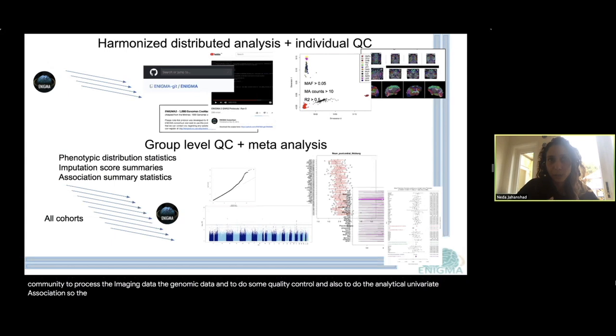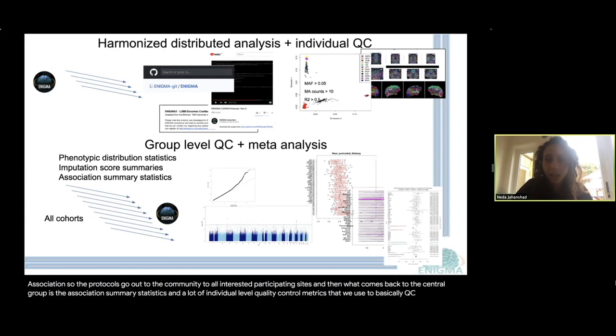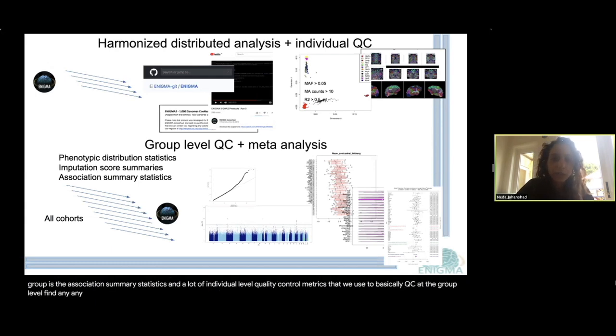The protocols go out to all interested participating sites. What comes back to the central group is the association summary statistics and a lot of individual-level quality control metrics that we use to QC at the group level, finding any cohorts that might be outliers for various genomic loci or imaging traits. And then we do an inverse variance-based meta-analysis on all the data that comes back.